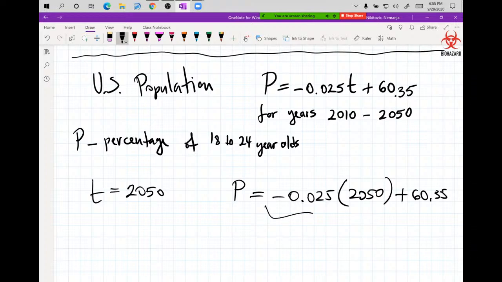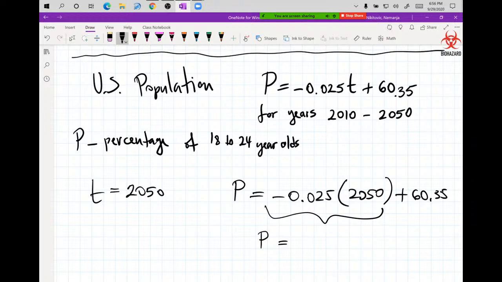So now you can multiply this in your calculator. What is the number that you're getting for it? I got 9.1.